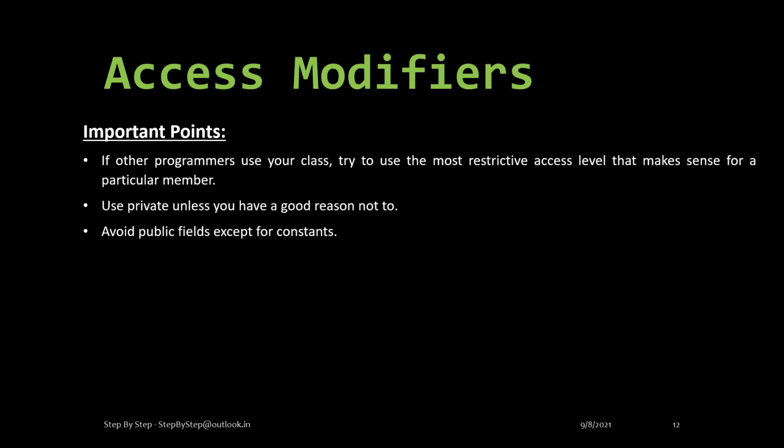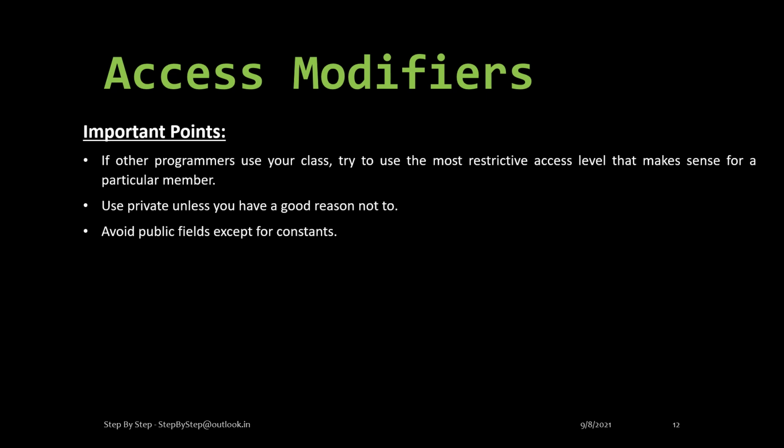So one important point we need to keep in mind about access modifiers: if other programmers use your class, try to use the most restrictive access level that makes sense for a particular member. So one should always use the most restrictive access modifier.